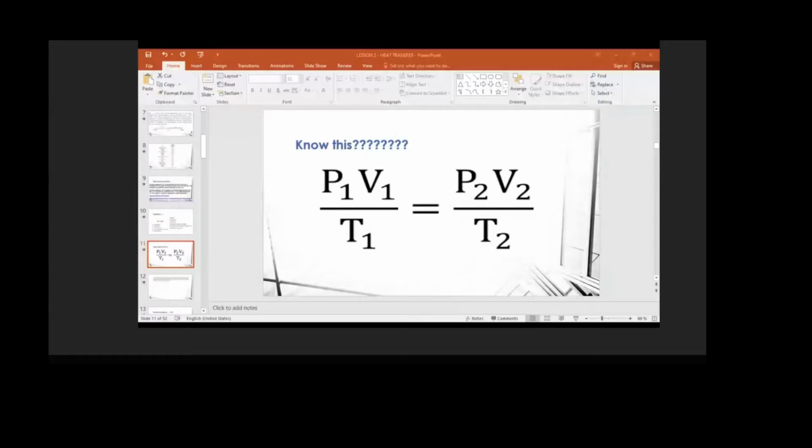So therefore, Boyle's law states that at constant temperature of a fixed mass of gas, if the volume increases, then the pressure will decrease. All right, so that is Boyle's law. Now Charles' law, which one is constant?